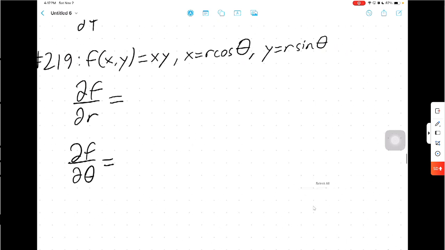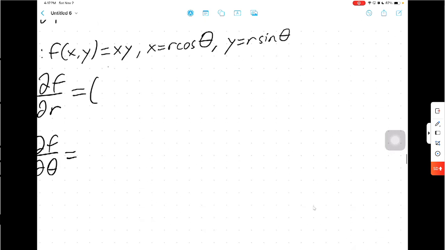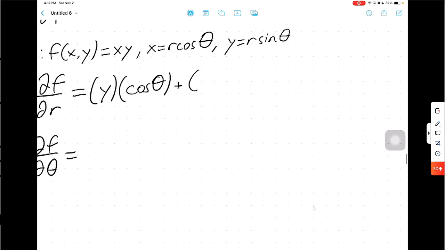So in this case, we're going to have the same chain rule thing from 217. Partial of f with respect to x, partial of x with respect to r, partial of f with respect to y, partial of y with respect to r.